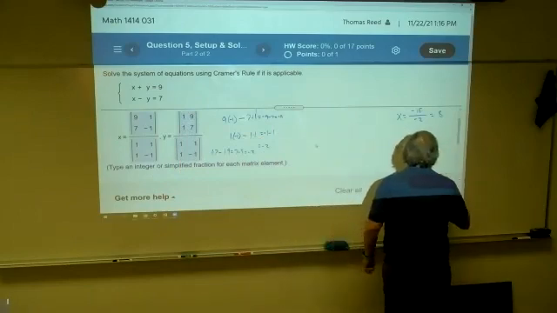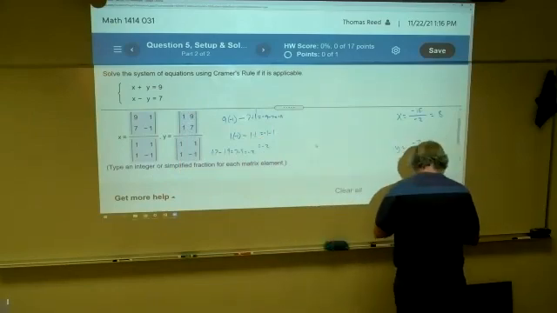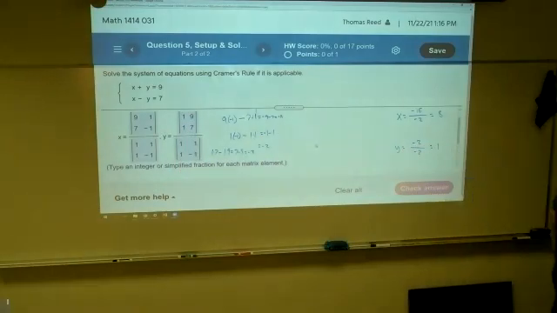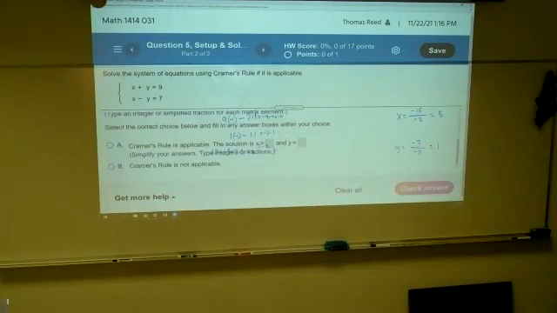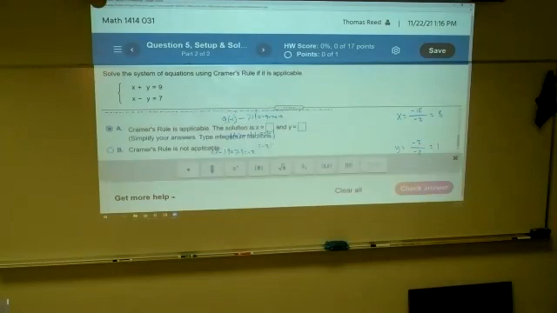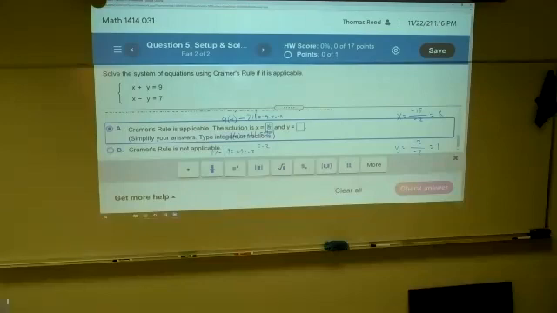Negative 2 divided by negative 2 is a positive 1. So that's what I put in here. X I got as 8, and Y I got as 1.